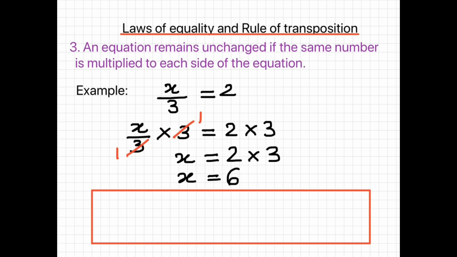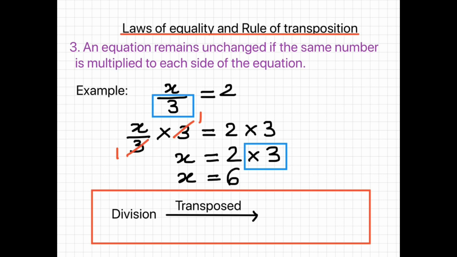So you can note that 3, which was divided on one side, is multiplied on the other side when transposed. That is, multiplying 3 to both sides is same as transposing 3 to the other side by changing its sign. Hence, when a number is divided on one side, when transposed to the other side, it is multiplied.